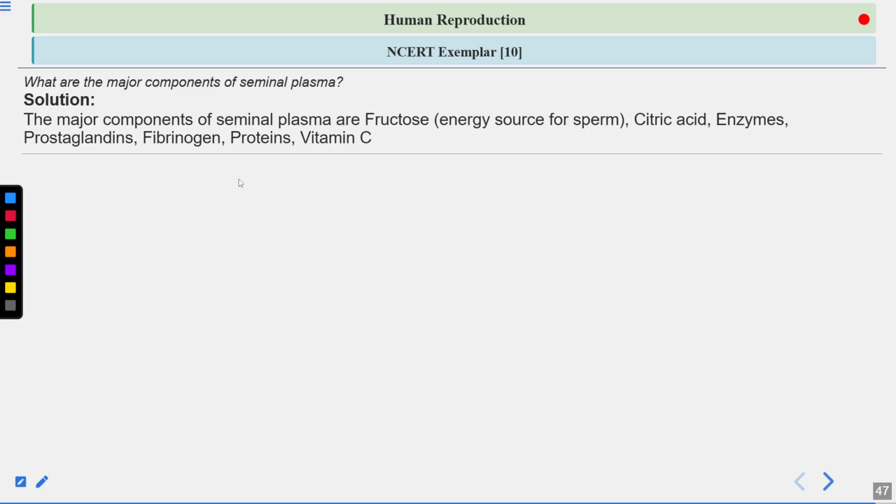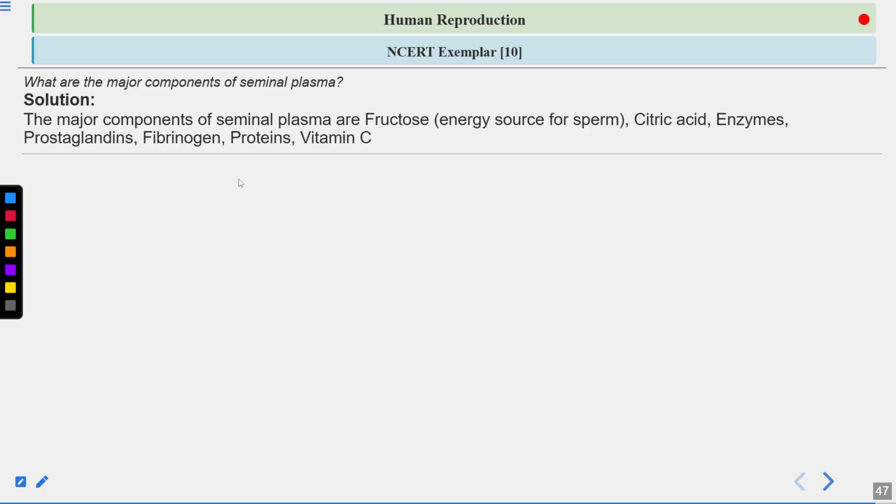So what are the names of these accessory glands? There is a pair of seminal vesicles, then there is a prostate gland, and then there is a pair of bulbourethral glands. Bulbourethral glands are also known as the Cowper's gland. Okay, so secretions of these three glands are known as the seminal plasma.